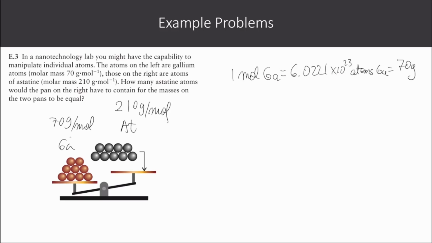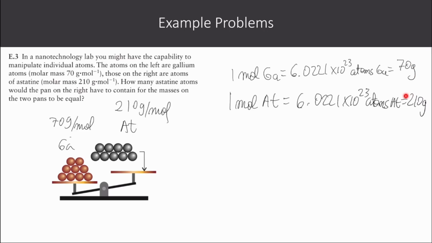Okay, and for the case of astatine, 1 mole of astatine is equal to the same number of atoms, but this time it weighs 210 grams.